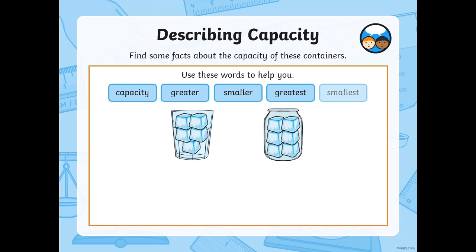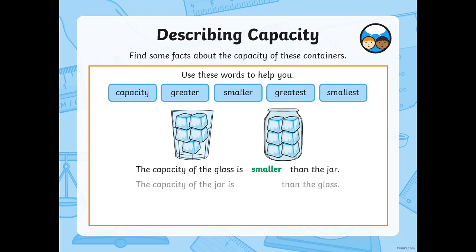Let's use these words to help us. So we've got capacity, greater, smaller, greatest, smallest. Which one do you think has the smallest capacity? Which one has the greatest capacity? Okay, and see if we can sort these words. The capacity of the glass is smaller than the jar.